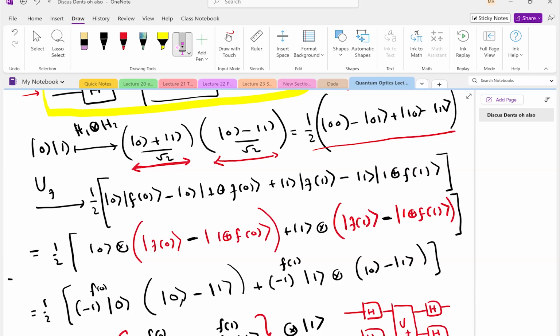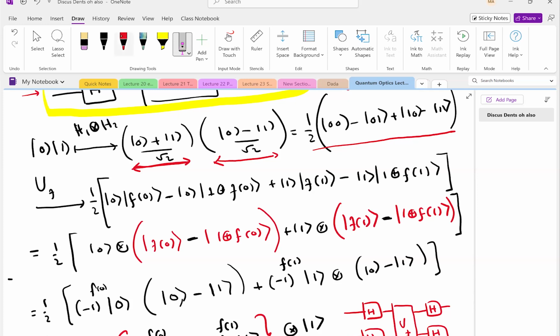Now, depending upon what is the value of f of 0 and f of 1, I can generalize the state of the second qubit as 0 minus 1, but it can pick up a positive or a negative sign. And the positive or negative sign depends upon the values of f of 0 and f of 1.